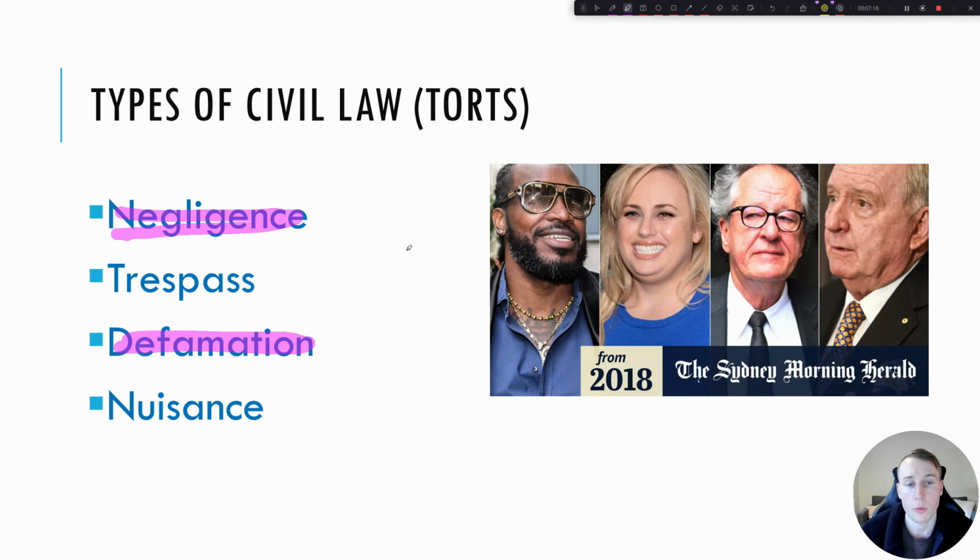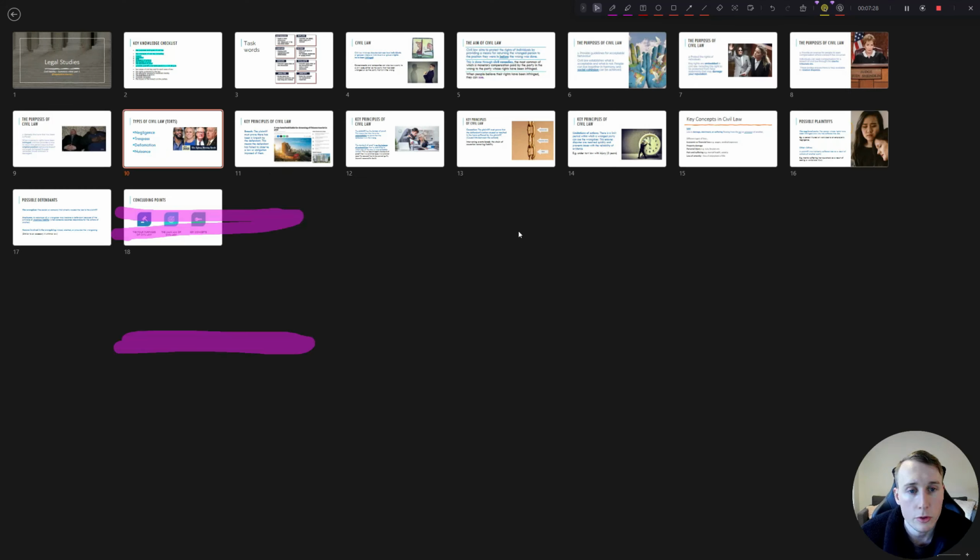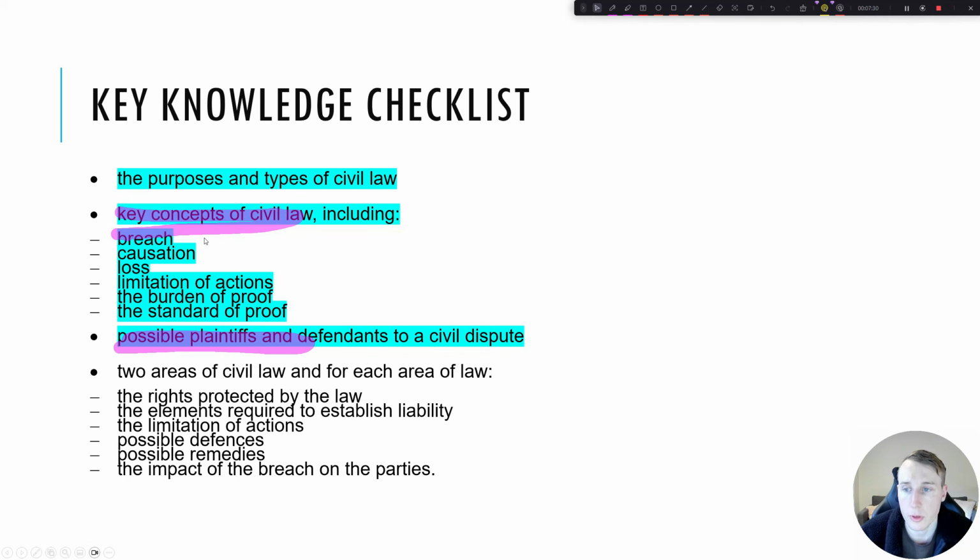So, moving on, this is probably one of the more complex areas of this particular topic. We need to have a really clear definition of several different areas of civil law. So if we go back to this one here, what we need to make sure we know is a clear definition of these concepts here. And we really want to be prepared by knowing how to apply them to a particular case.